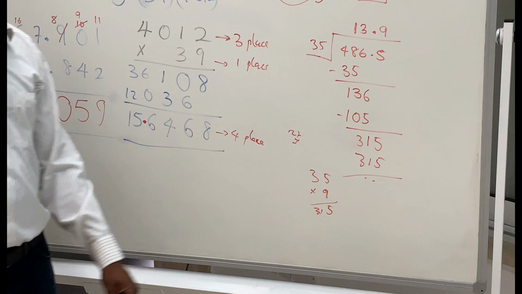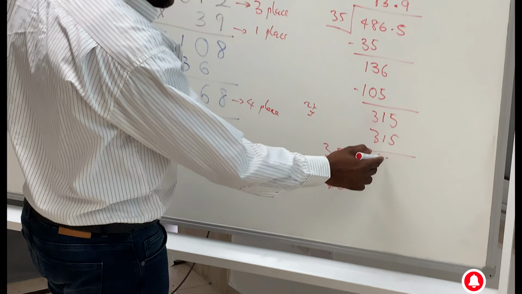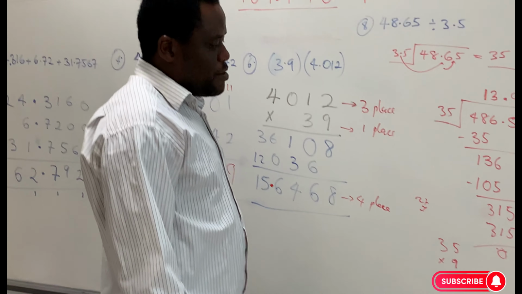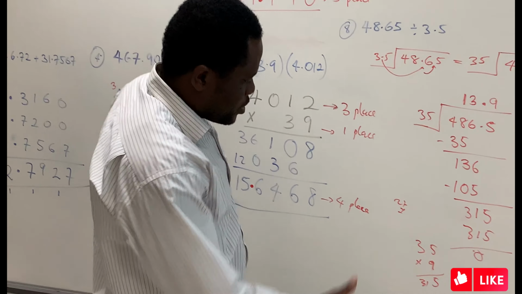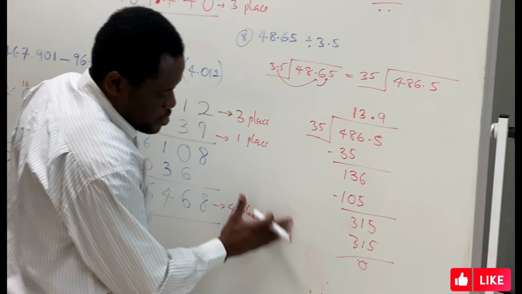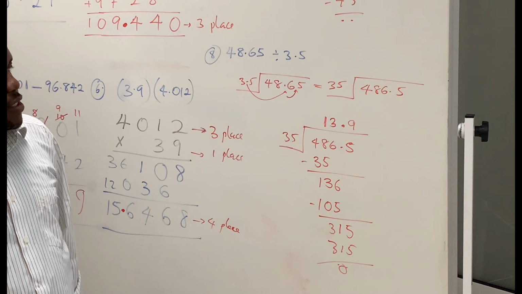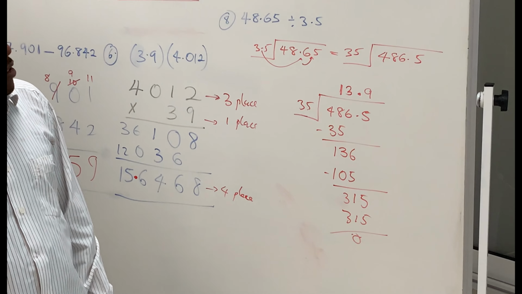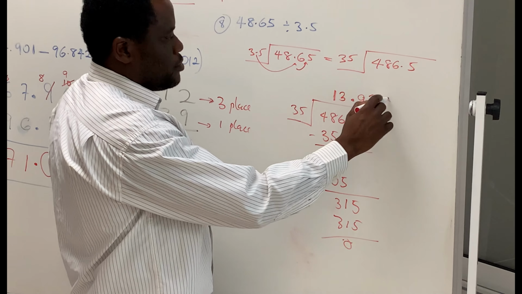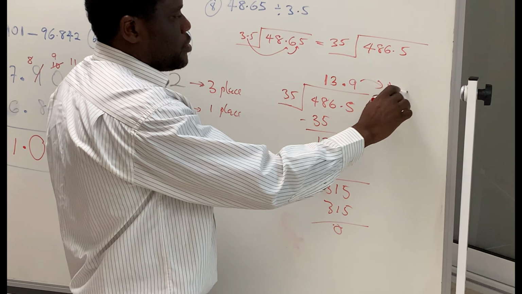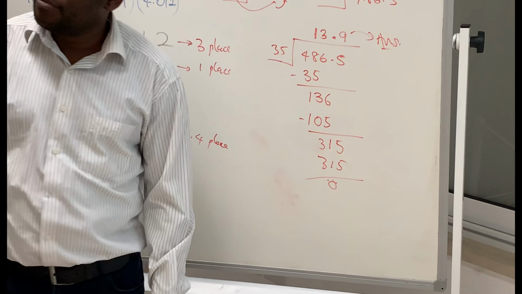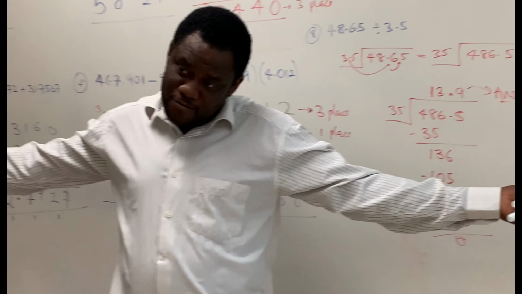So what is left is 0. The remainder is 0. This one is not useful here. 0 remainder. Quotient is 13.9. So our answer is finished.